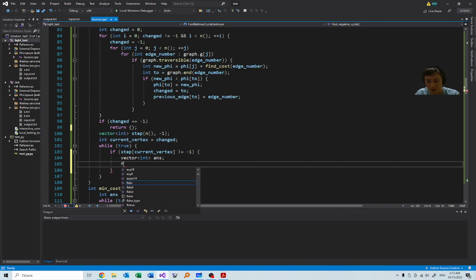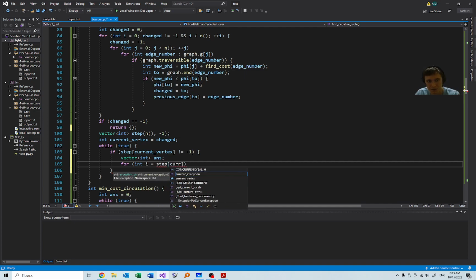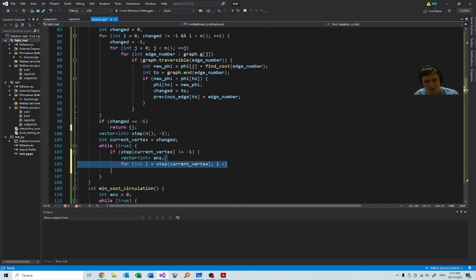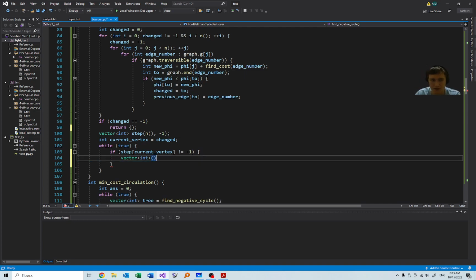What do I do then? Actually, I can just say return a vector int which is defined by two iterators.